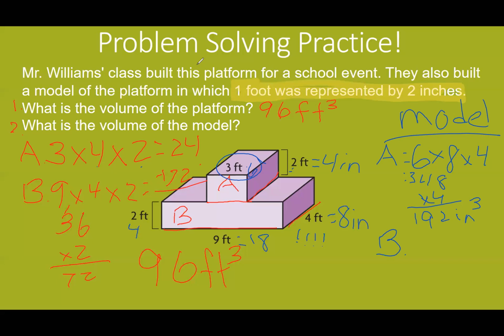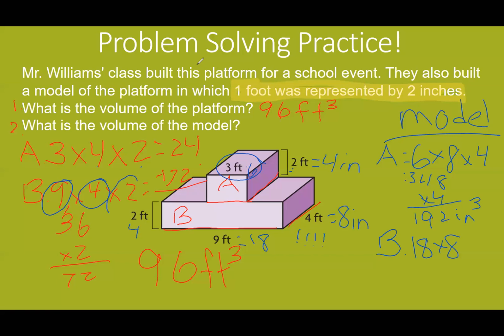Now, figure B. Same exact shape. It's just that the dimensions have changed slightly. They've only gotten smaller. So instead of this 9, it's going to be 18. And instead of this 4, it's going to be 8.